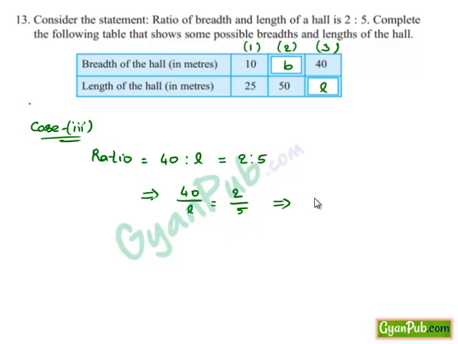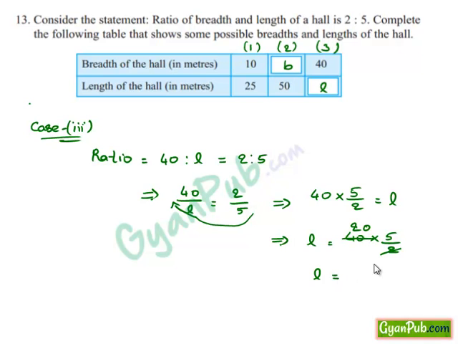This implies 40 multiplied by 5/2 is equal to L. This is obtained by transposing 2/5 to the LHS. This implies L is equal to 40 multiplied by 5/2. Here 2 goes in 40 by 20 times, which gives L is equal to 20 times 5, that is 100 meters. Therefore, length of the hall in the third case is 100 meters.